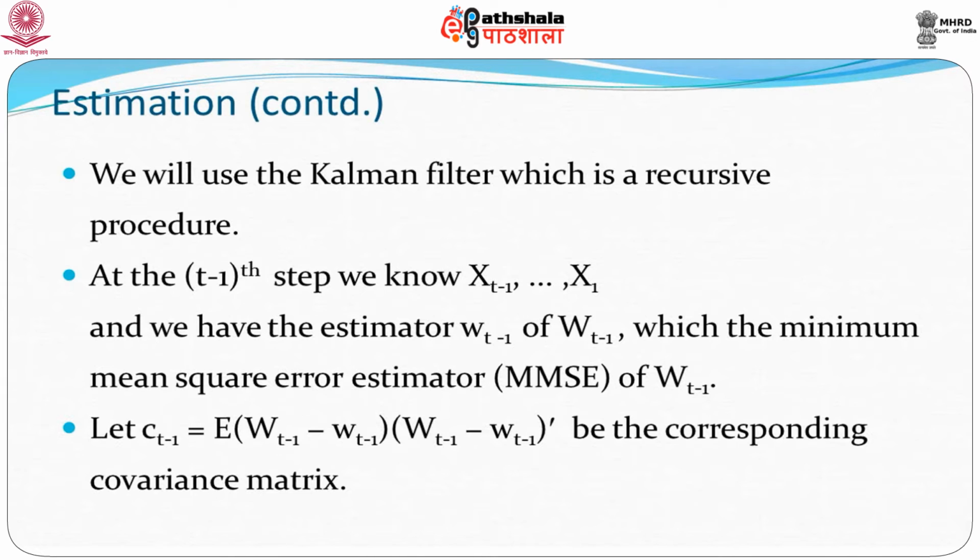Of course, this would not be given, and we will see how we can actually get this also, but for the time being assume that for the previous step this is already obtained. And once we have obtained this, we will write C_{t-1} as the corresponding covariance matrix, which again is obtained till the last time point t minus 1.